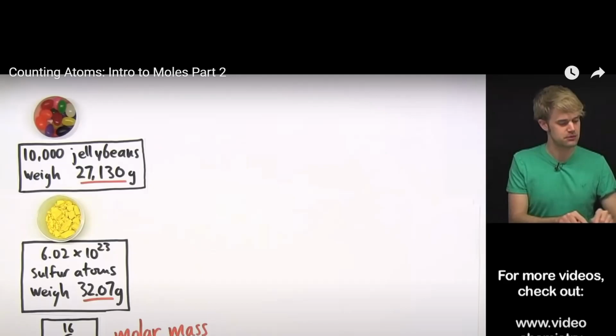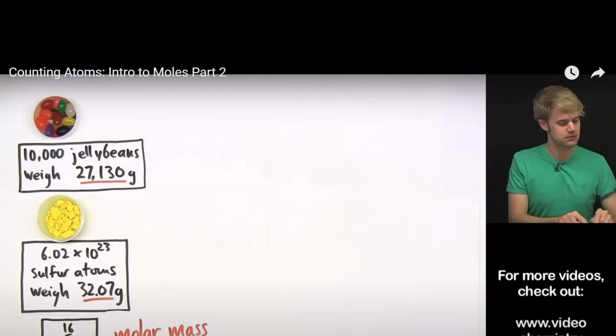So sulfur, 1 sulfur atom weighs, I'm going to say 32.1, because that's what's on your periodic table, 32.1 AMU. 1 mole of sulfur atoms weighs 32.1 grams.